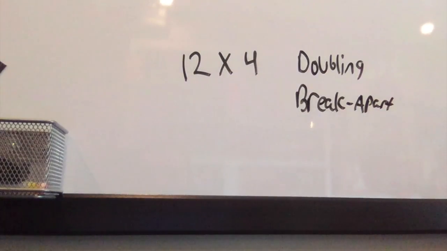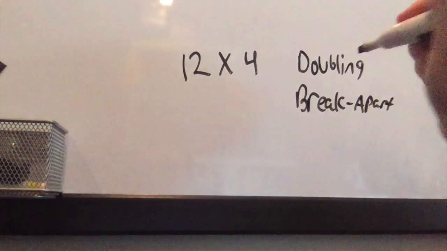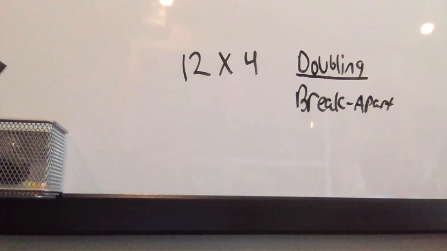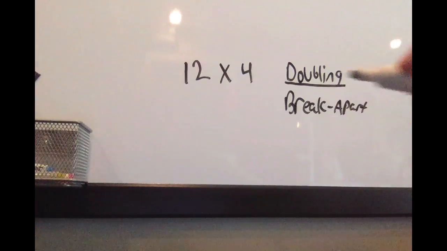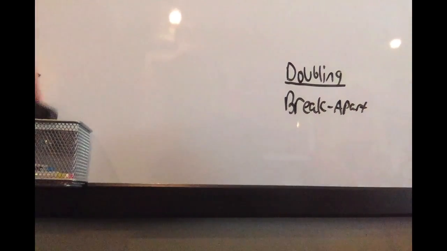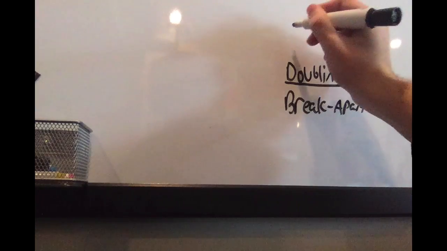So, for 12 times 4, let's go with doubling. Let's try out doubling first, right? So one way I could do doubling is, remember, we are splitting it up into two numbers that are the same. So let's draw this out. 12 times 4. I'm going to erase it real quick.